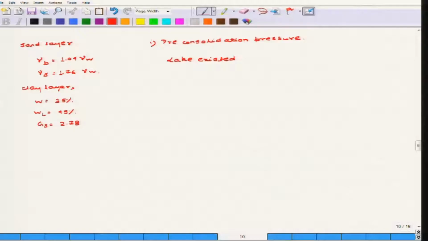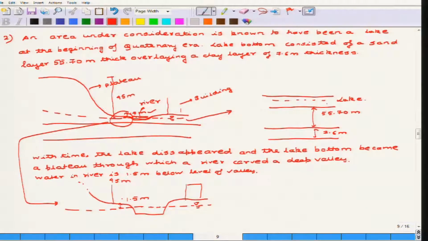So at the time when the lake existed, sigma dash, without considering the effect of clay, will be equal to how much for the sand layer? If you consider the lake exists at the top, then this entire length of sand was 55.70 meter, and we have to neglect the weight of clay. That means you have to neglect the 7.6 meter height.